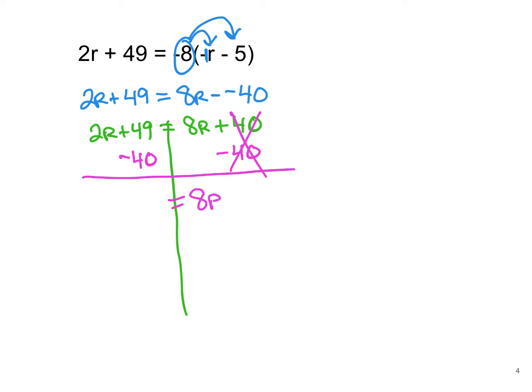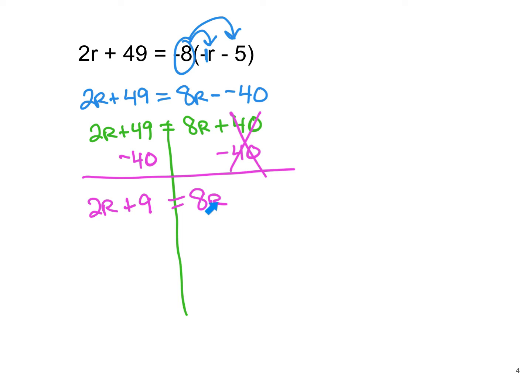I have 8r. 2r, nothing happens with it. I have 49 minus 40. So what is 49 minus 40? That is positive 9.